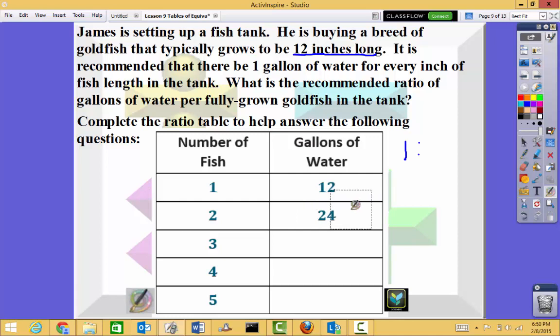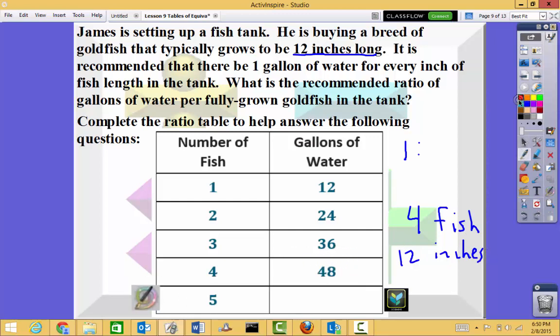So I need 24 gallons. 3 goldfish, that's 3 times 12, my inches, for 36. 4 goldfish, that's 4 goldfish that are how big? 12 inches each. So that's going to be 4 times 12, which gives me 48. And so, Socrative, I want you to answer this question. Pause the video if you need to, then unpause it and continue on to the next slide.